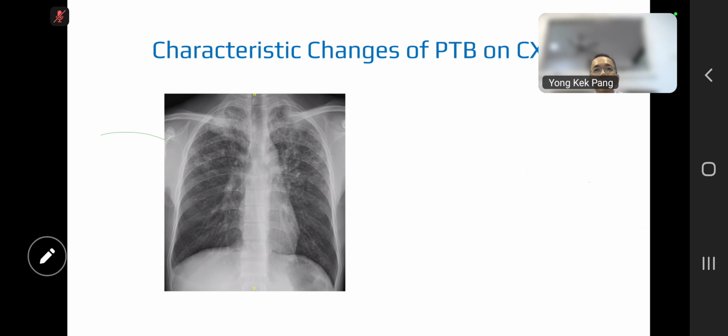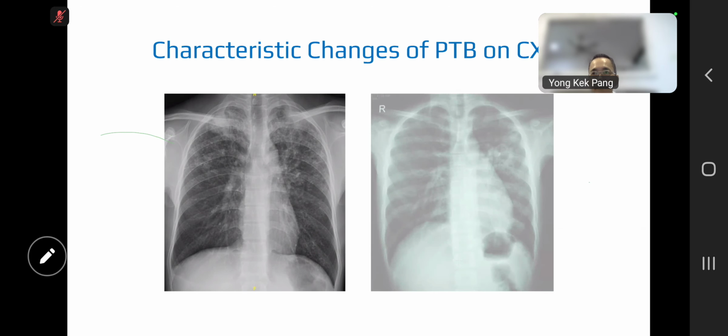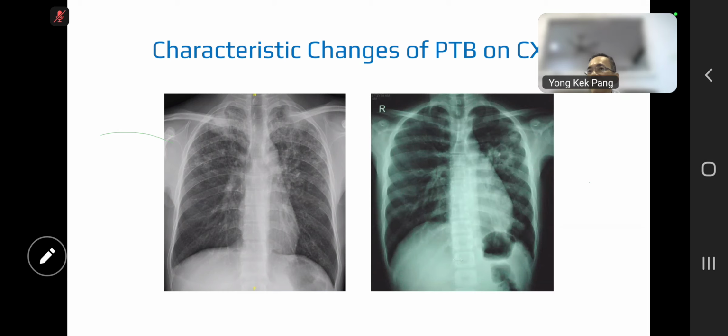What is striking is that it is predominantly located in the upper zone. So when you look at this X-ray, you can be almost certain that this is primary TB. Although it is not bilateral in the other X-ray, it is also quite characteristic because you can see multiple cavities with nodules and calcified lesions. This one is also highly suggestive of TB.